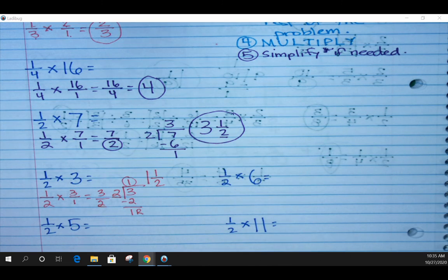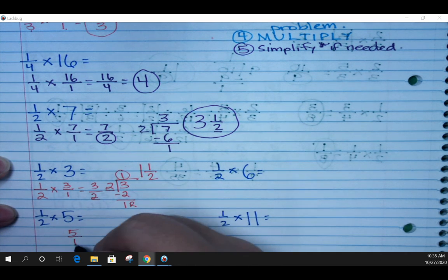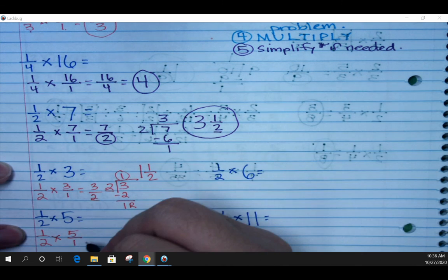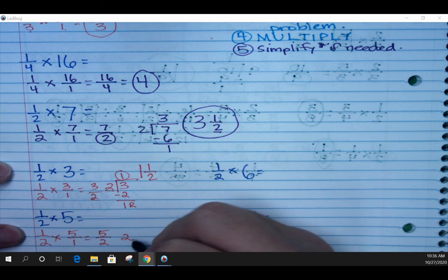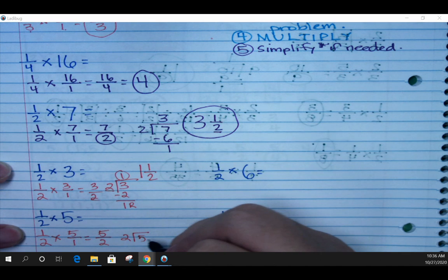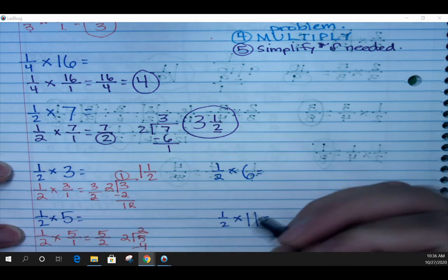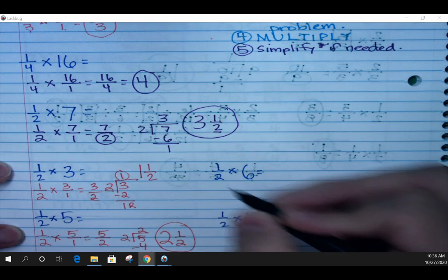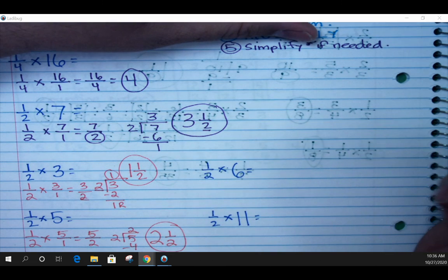What about 1/2 times 5? It would be 5/1. 1/2 times 5/1. 1 times 5 is? 2 times 1 is? 2 goes into 5 how many times? 2 times. 2 times 2 is 4. That's 1 left over. It's 2 and 1/2. What about 1/2 times 6?